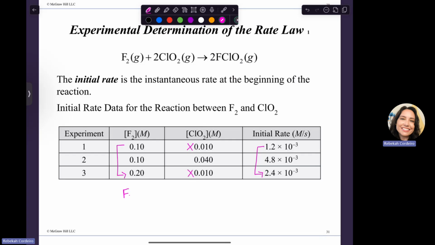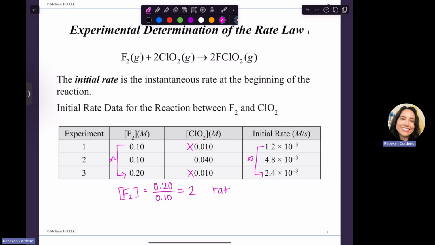What I like to do, if you can't just see the change, is you can say, oh well, I know this is a times 2 and this is also a times 2. But if you're not sure, just take one of your numbers and put it on top and the other number on the bottom. I like to put my bigger number on top so I get an actual factor. So this is a factor of 2.